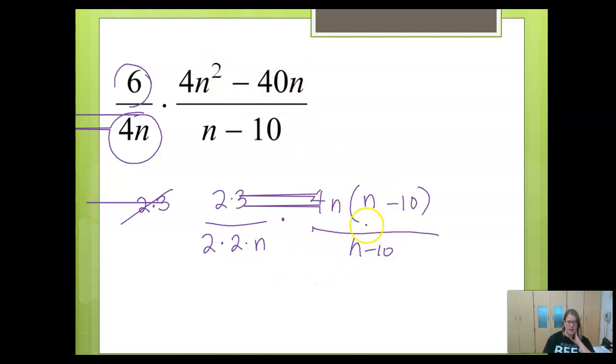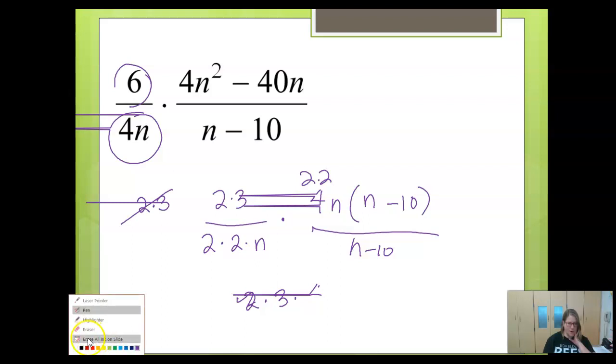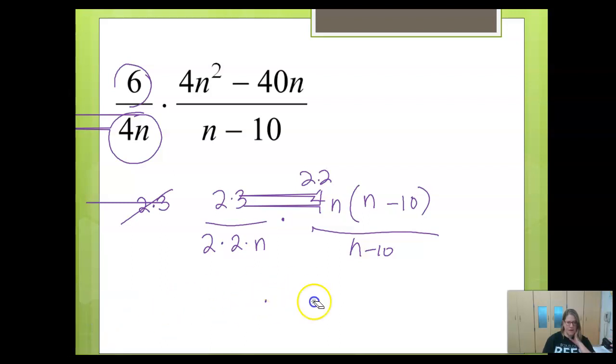So now that everything's factored, I'm going to combine everything in the numerator. Oops, I forgot to factor 4 as 2 times 2. Alright, let's erase this and keep going. So everything in the numerator will be combined over the numerator. Everything in the denominator will be combined in the denominator, and then we'll look for things that can cancel.